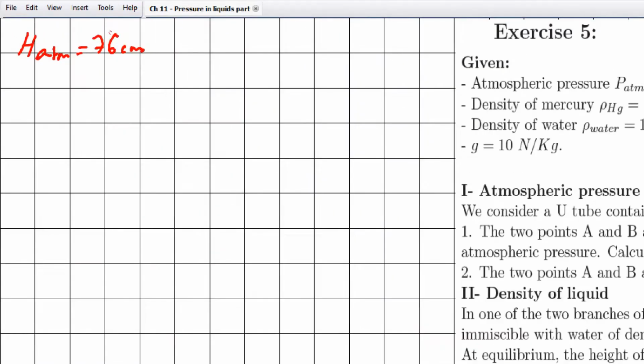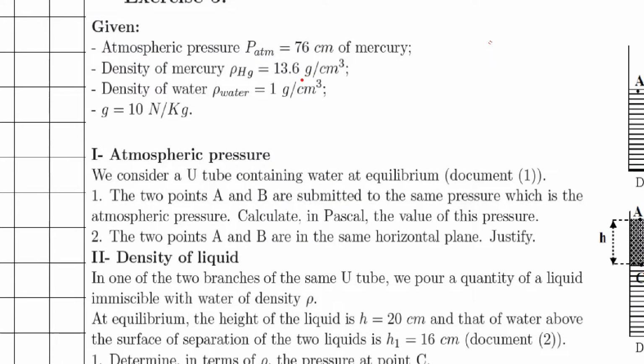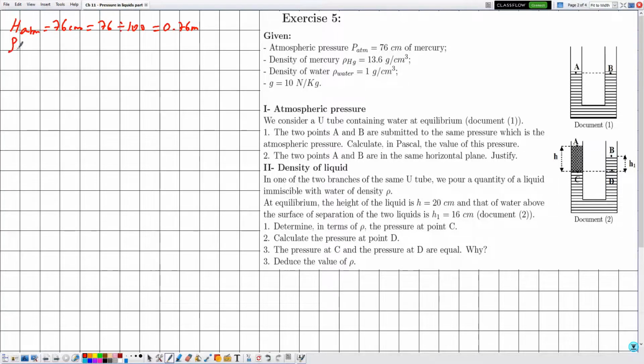Knowing that centimeters is not the SI unit of length, in order to convert from centimeters to meters, we simply divide by 100. Then 76 divided by 100, the atmospheric height in the SI is 0.76 meters. Moreover, the density of mercury rho Hg is equal to 13.6 grams per centimeter cube.